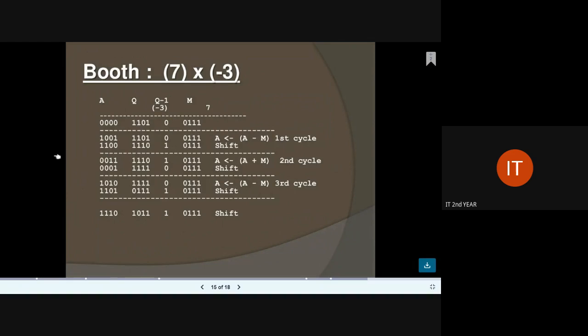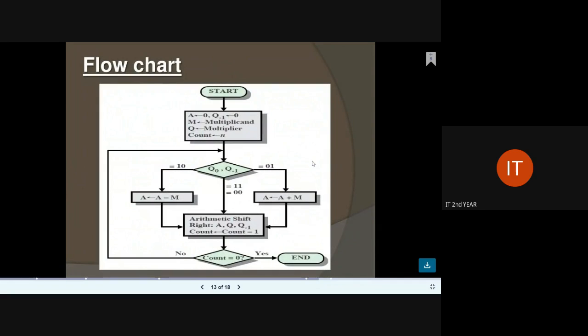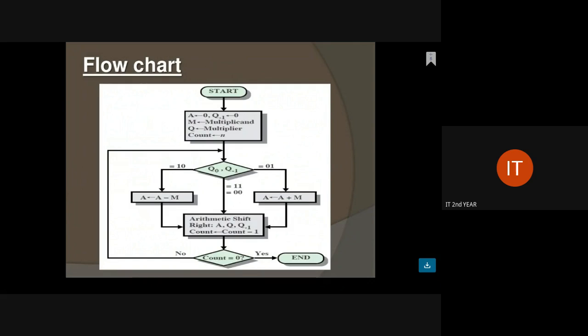Just a recap, we are dealing with four main points. The first point is we have to assign the value of a, q, m and counter. Then we analyze whether the q naught and q minus 1 values are 0 0, 0 1, 1 0 or 1 1. Based upon those values, at the third step we perform the corresponding operations, that is a tends to a plus m or a tends to a minus m, or we just shift the register of a, q and q minus 1.